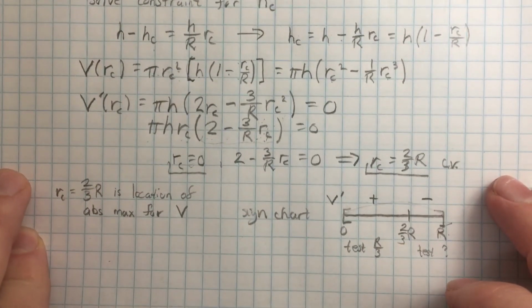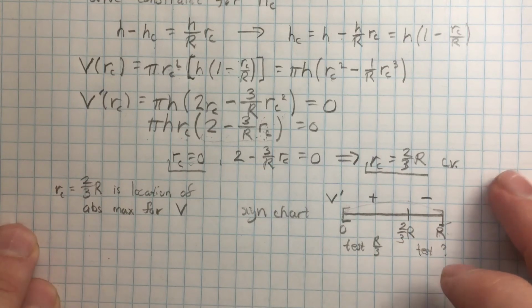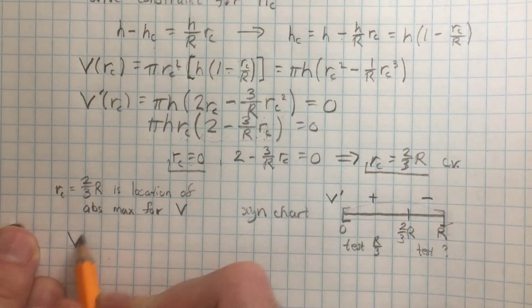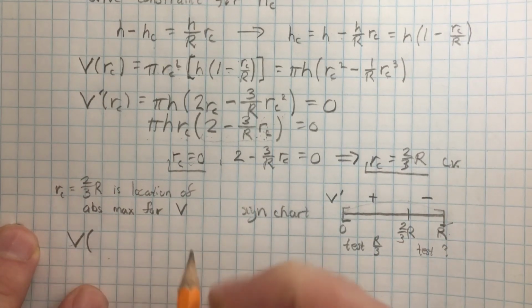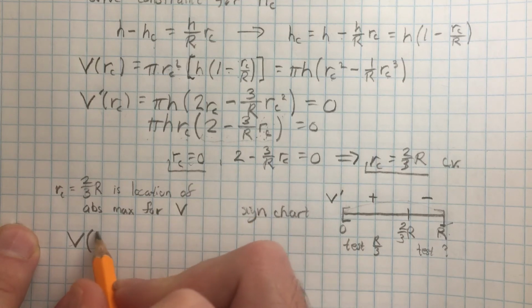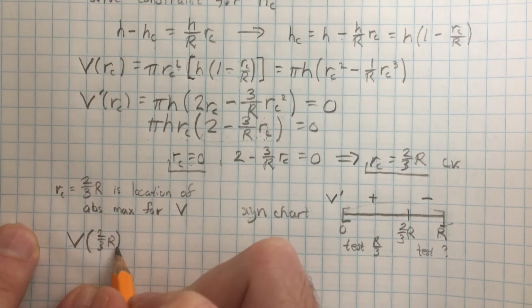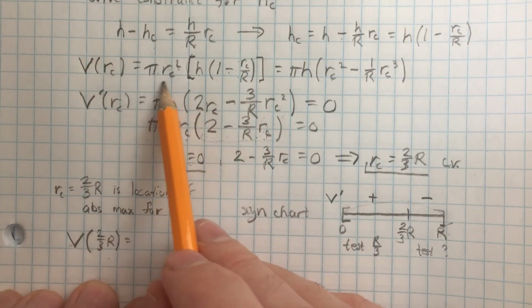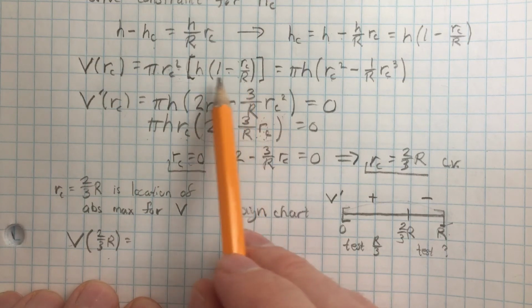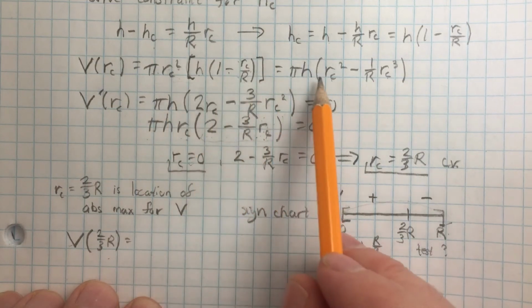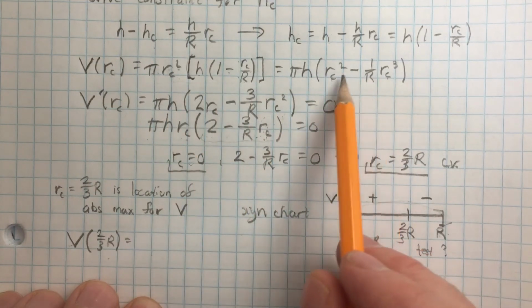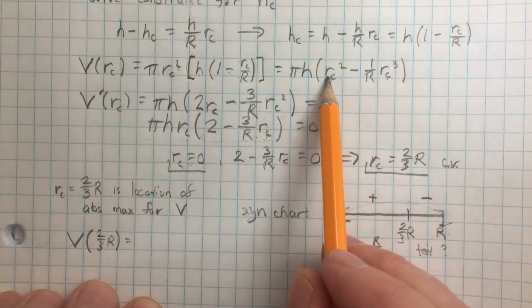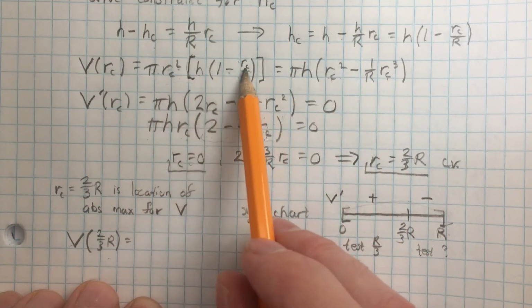So V of 2/3 R. I plug 2/3 R back into V. So where was it? Looks like it's right here. This is where it's all in terms of RC. So each of these RCs here, or right here really, either one, doesn't matter.